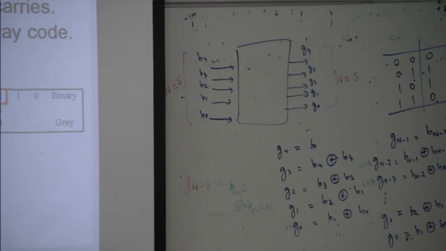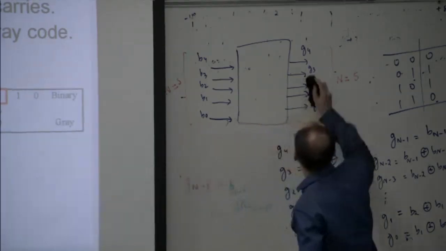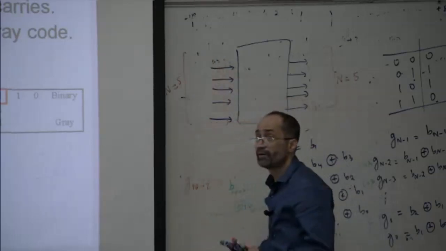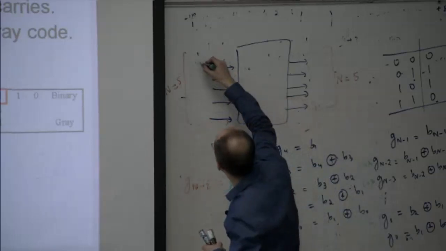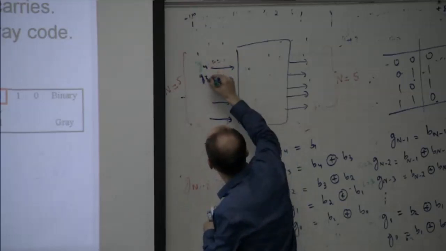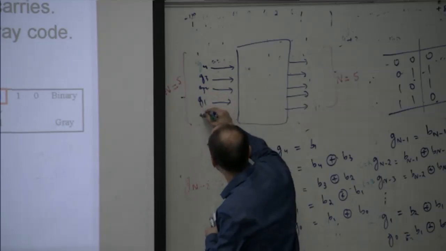Got it? Okay. Now we want to transform back from the Gray code to binary code. Now I'm rubbing this off. So now we again have n equal to 5. What should now be the input? G4, G3, G2, G1 and G0.